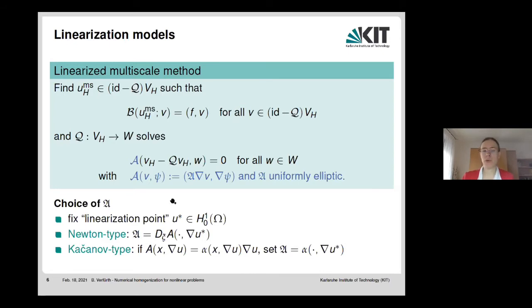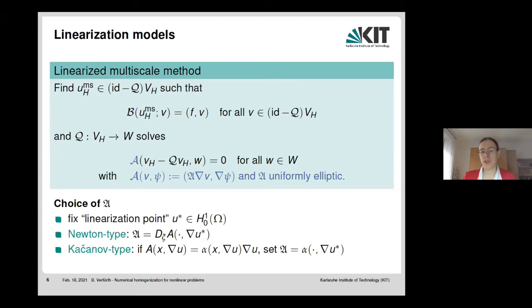This is the route we will take. And this has now the big advantage that the correction problems that we have to solve are standard linear elliptic problems. So this Q operator is very similar to the C operator of the lecture of Daniel Peterseim, and especially we know how to localize it.